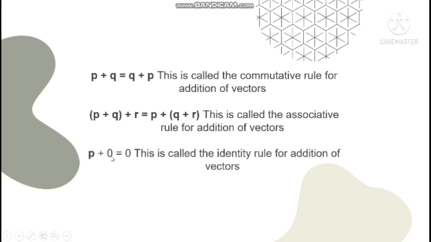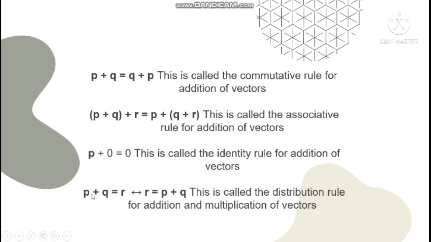If P plus 0 equals P, this is called the identity rule for addition of vectors. And the last, if P plus Q equals R, then R equals P plus Q, this is called the distribution rule for addition or multiplication of vectors.